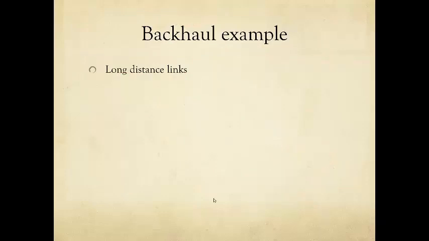A second example, okay, you've got some long distance links, and in the homework problem back in chapter 14, if you haven't done that yet, let me just tell you the answer is that the TCP throughput is upper bounded by MSS, which is shorthand for the maximum size of segment.